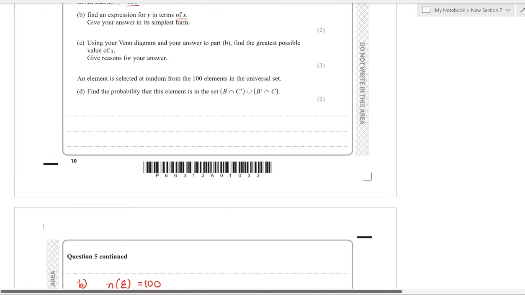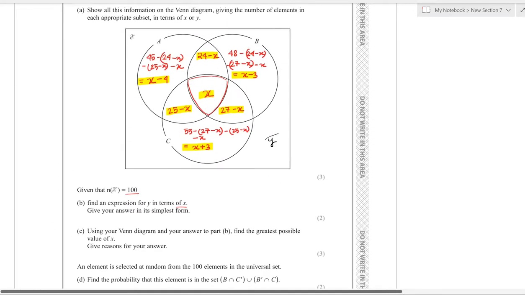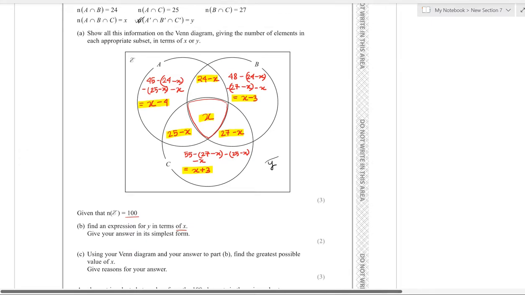Moving to question number D. An element is selected at random from the 100 elements in the universal set. Find the probability that this element is in the set B intersect C prime union B prime intersect C. So first we need to find the value for B intersect C prime.